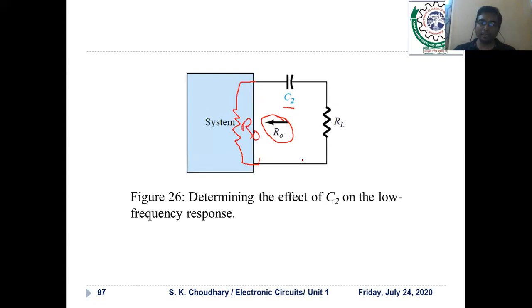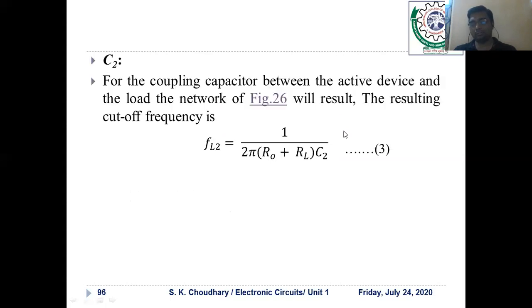And when we see this particular circuitry, the formula becomes FL2 is equal to 1 upon 2 pi (R0 plus RL) into C2. That is defined here. Okay. So note down the diagram as well as the formulas also.